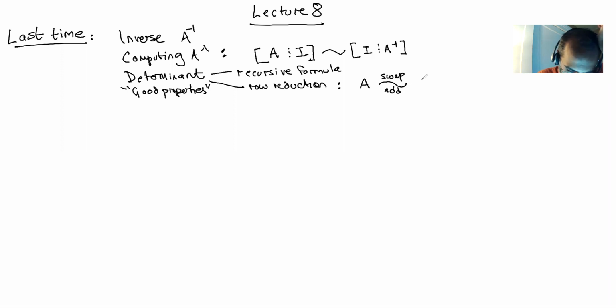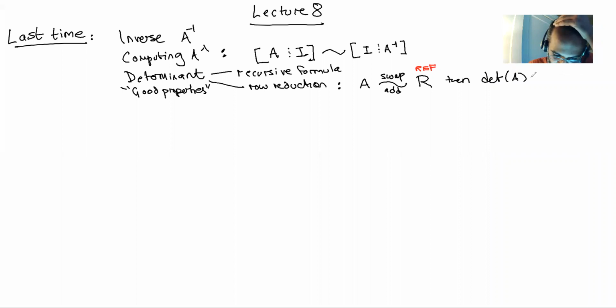That's enough to turn it into row echelon form. So this is the REF of A. And then because of these good properties, there was a very clear relationship between the determinants of these two matrices. So the determinant of the original matrix was, up to a sign, which depends on the number of swaps, equal to the determinant of the row echelon form.